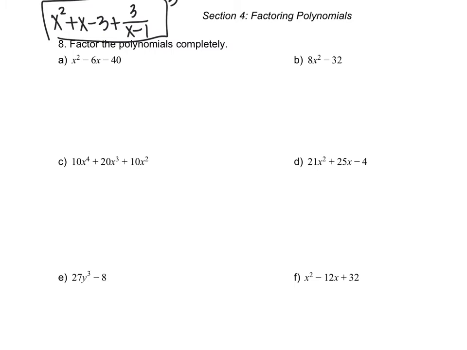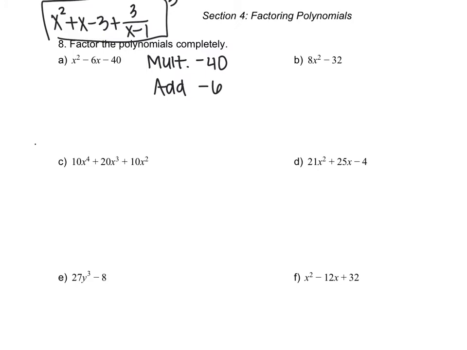So we have a leading coefficient of 1. So anytime our leading coefficient is 1, we look for the numbers that multiply to c, which in this case is negative 40, and add to b, which in this case is negative 6. So if I start thinking, the only way to multiply to a negative is to have one positive number and one negative number.